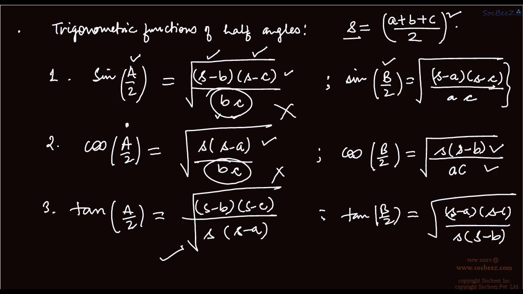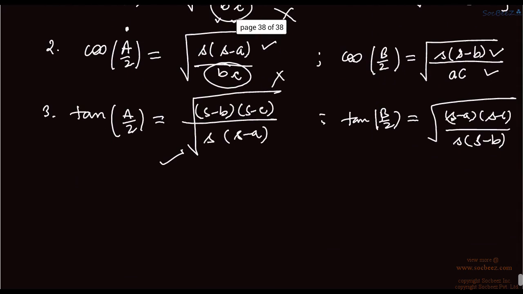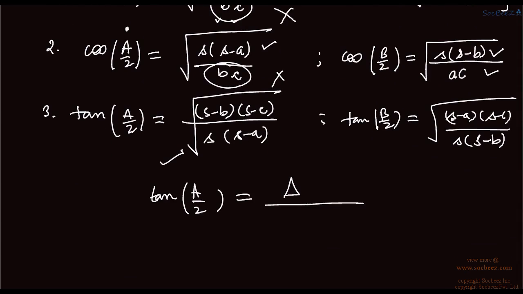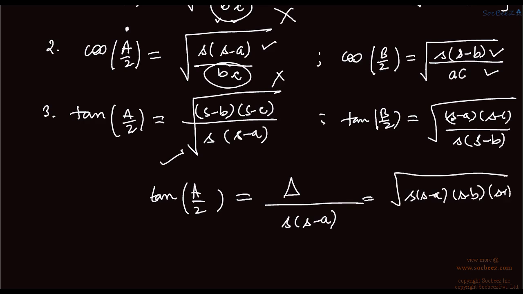If you know sine and cos, then you can predict tan. But there is one more formula for tan. Tan of A by 2 is also given by delta upon (s minus a). I'll tell you how this comes. Delta in here is root of s(s minus a)(s minus b)(s minus c).